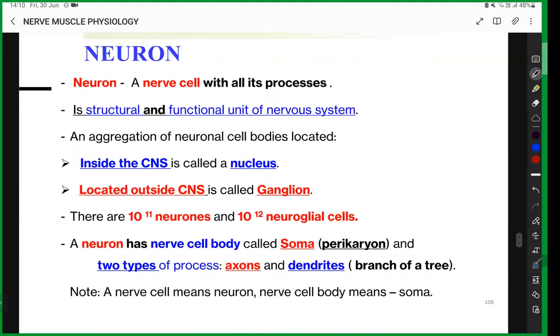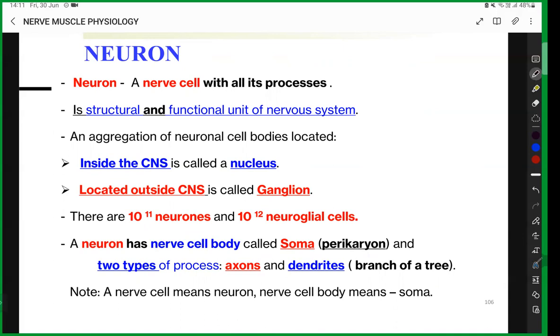This neuron, this nerve physiology is very important because not just in this chapter, but when I start with the neurophysiology, I will again discuss all these things, or sometimes I will skip that part. So I want you to ensure that you understand the concept then and there before we move further for the physiology. Is it clear?